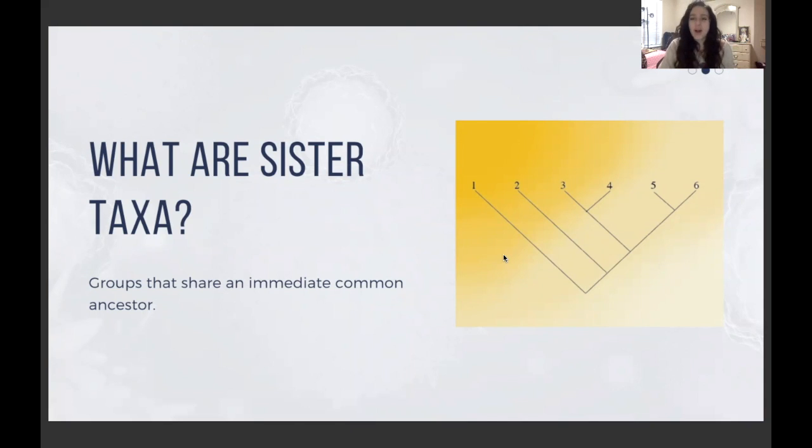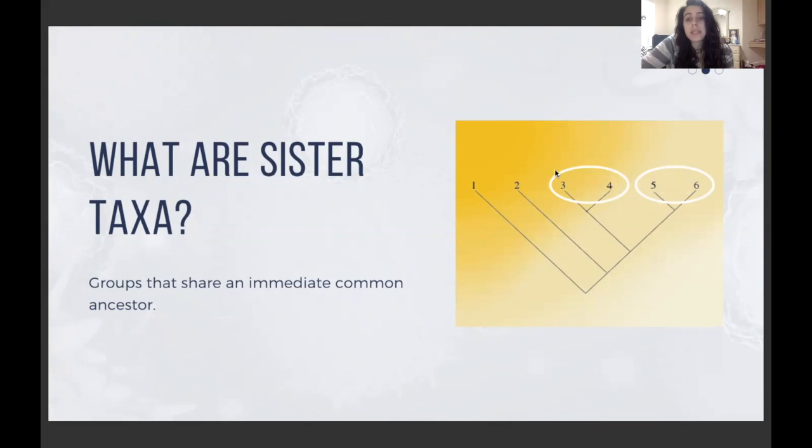Okay, so here are our sister taxa. 3 and 4 are sister taxa because they share an immediate common ancestor. And 5 and 6 are also sister taxa because they share an immediate common ancestor, okay? We can also do this for groups, right?